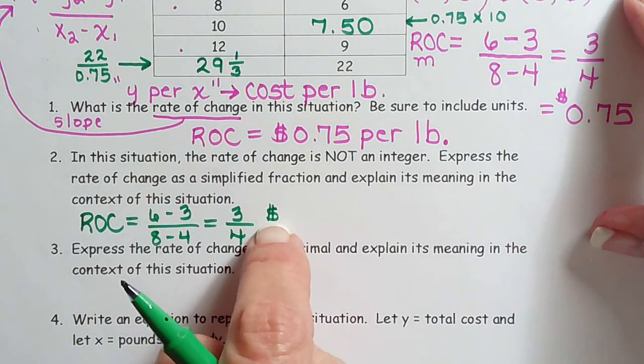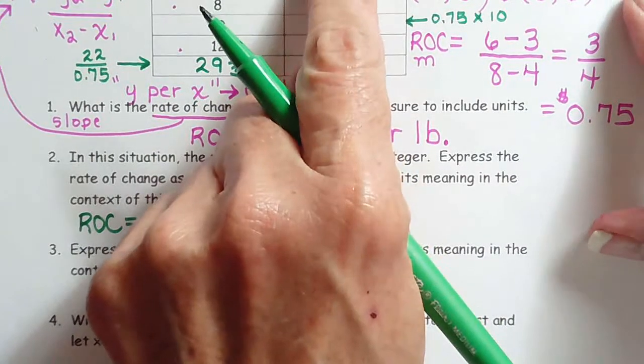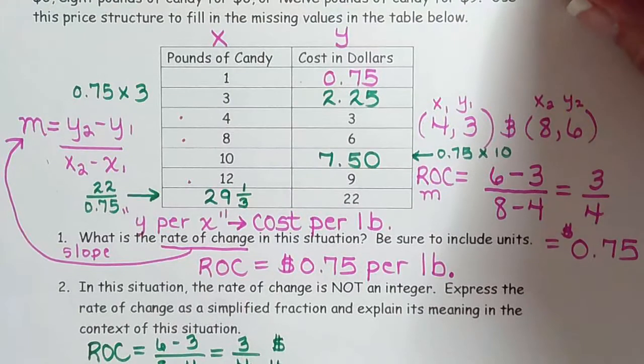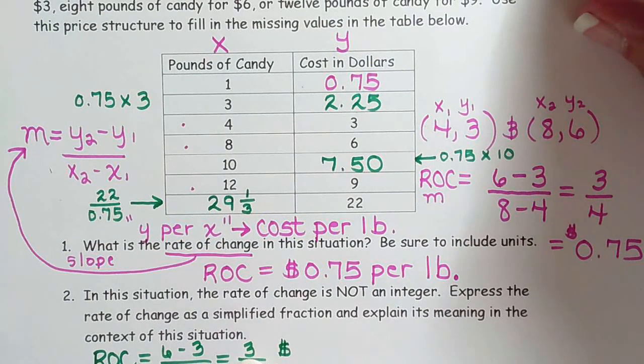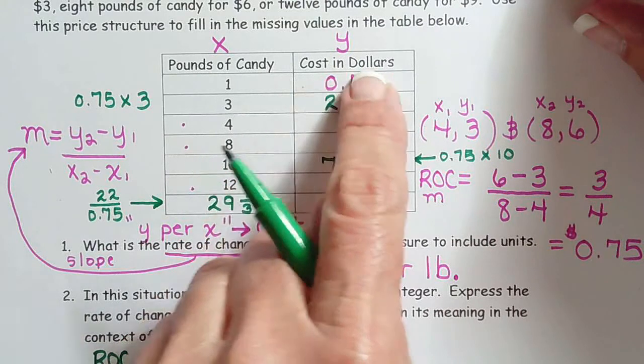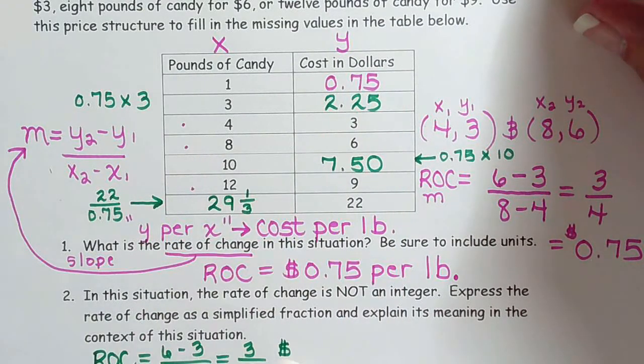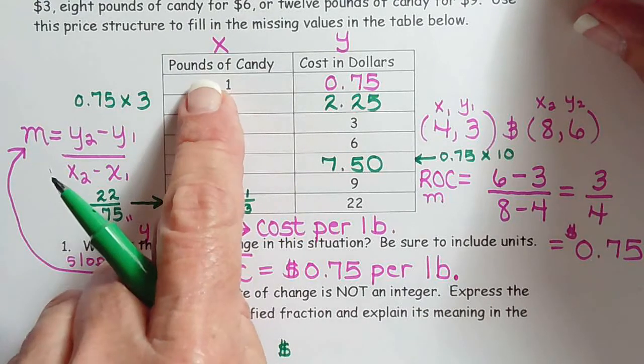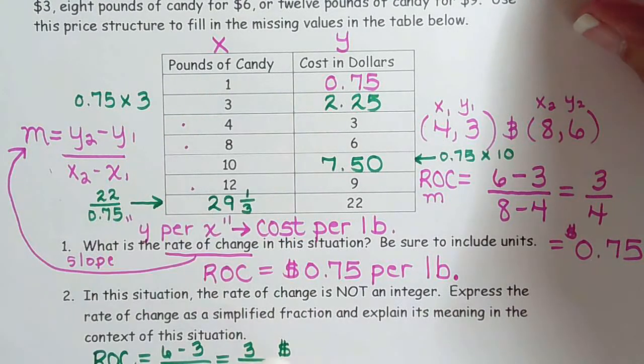So y's are always on the top. So I took the label from the y column. So y2 minus y1. So the label for the y column is dollars or cost. And this is x2 minus x1, so I took the label from the x column, pounds. So it's $3 for 4 pounds of candy, or 4 pounds of candy costs $3.